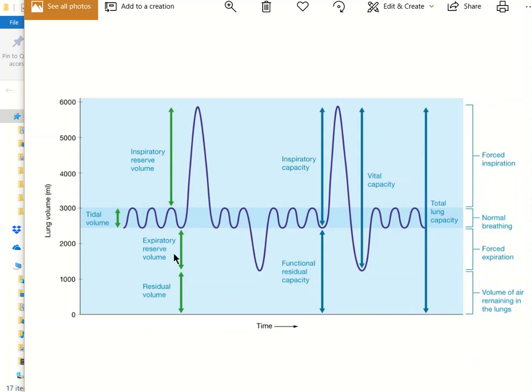And your ERV, your expiratory reserve volume, is a good indication of your lung and chest wall elasticity, because that's how much it can really push that air out. These are some of the things that someone like a respiratory therapist might want to look at to assess the health of your respiratory system.